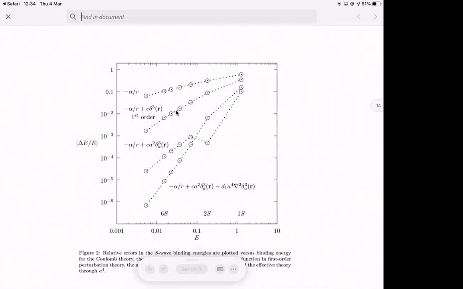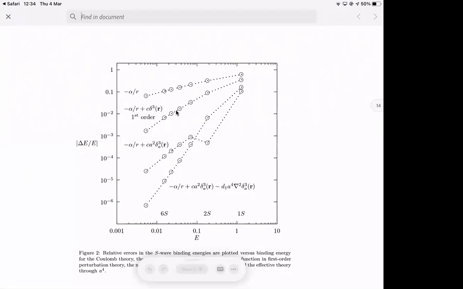The next curve was the phenomenological model we did before. And even if it contains the very same number of parameters, the accuracy is two orders of magnitude better. And in the worst possible case, it will be below 10% error in the 1S case.